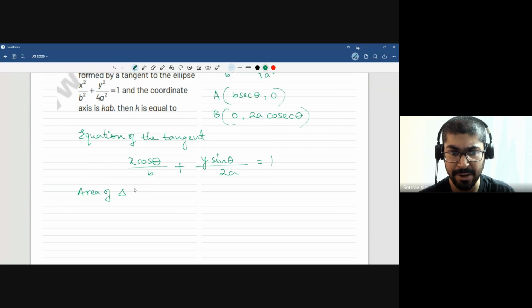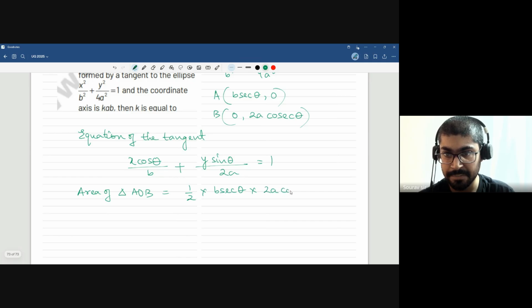The triangle will be AOB, right? Because A, origin and B, so that will be equal to half into, what is the base? I think the base will be the, well, it does not matter, right? Just keep multiplying. b sec theta into 2a cosec theta. Okay, so cancel this and you will end up with ab sec theta cosec theta.